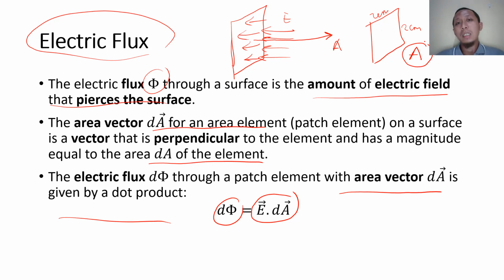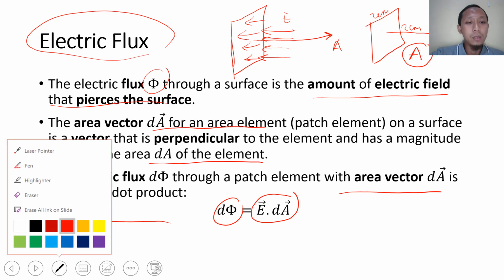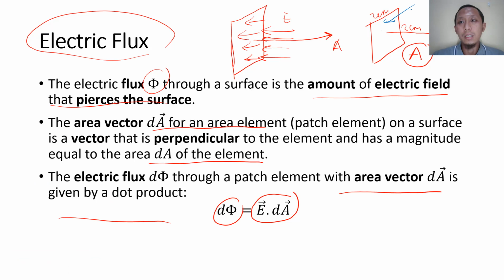A is the surface of the object. So by using the dot product it means that we have to know the direction of the electric field through the surface. It's like this one. If we have the electric field, this is the vector of the surface or the A, and the electric field I put by using another color like this one, and we have the electric field E like this one, and the angle between the electric field and dA is like 30 degrees.